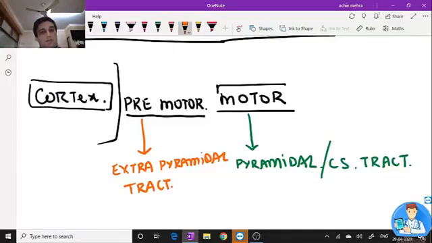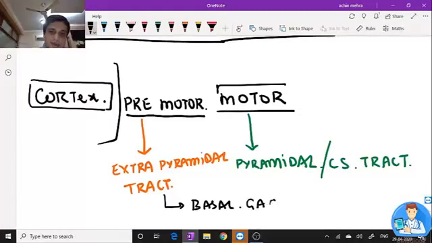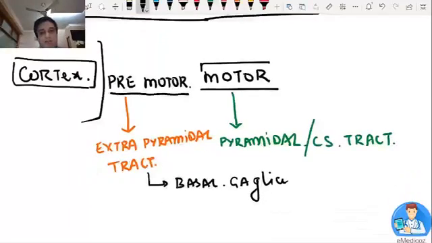Now, what is this extrapyramidal tract going to do? It is going to give a signal to a secretary of the brain known as the basal ganglia. Remember this. The basal ganglia is going to receive a signal from the premotor cortex through the extrapyramidal tract.